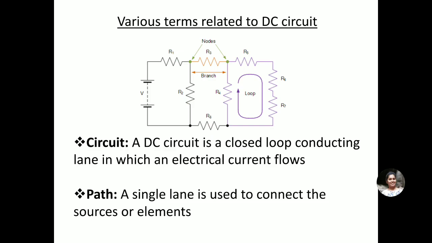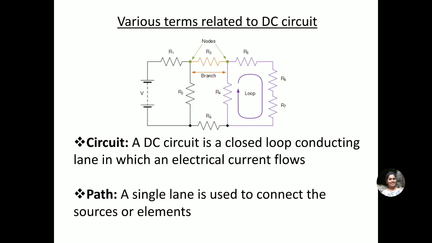Here, for the flow of current from the resistor R1, we find two different ways. These ways or lanes which are used to connect sources or elements are called a path. So for the resistor R1, there is one input path, that is from V, and two output paths, that is to R3 and to R2.